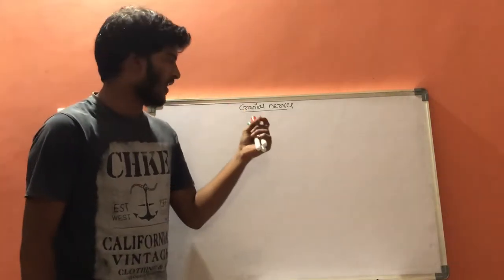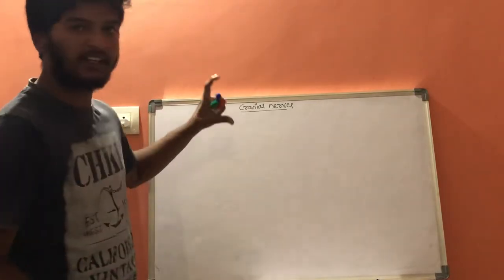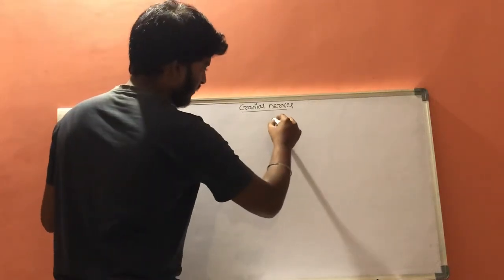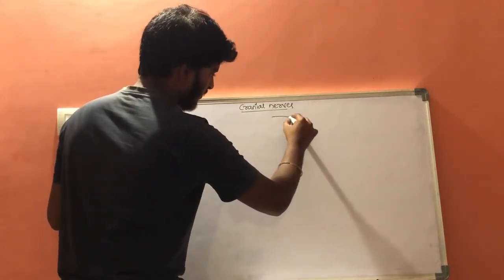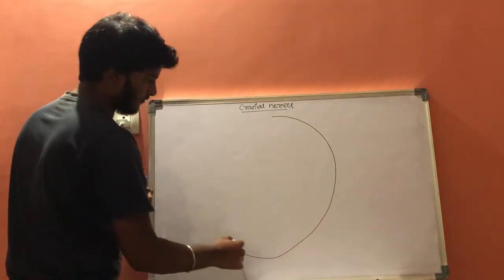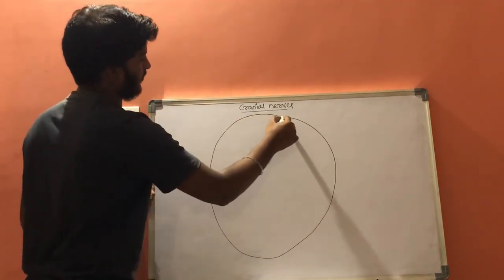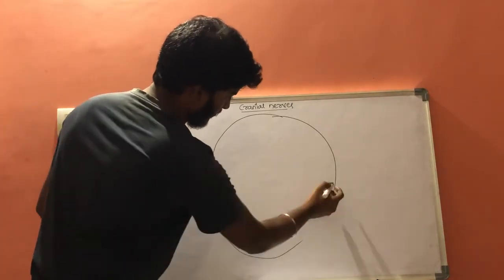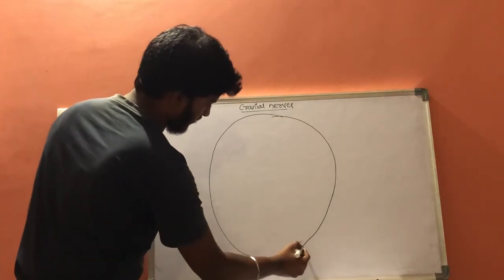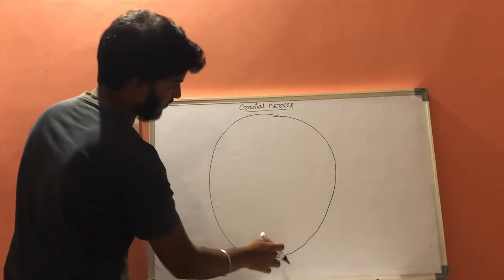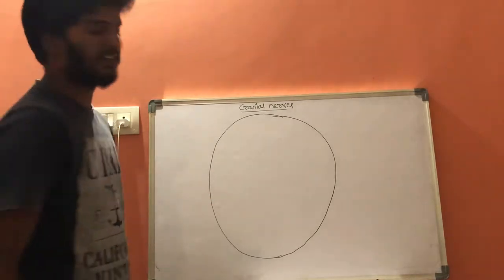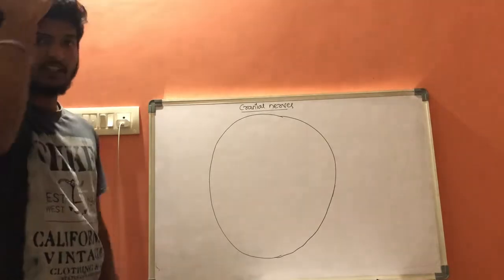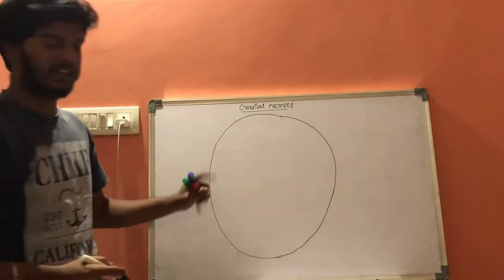Now, how are they attached to the skull? Let us discuss the attachment in the skull. Let us consider this is the skull, seen from the top side, and half of it is cut, and below this let us consider the structure.